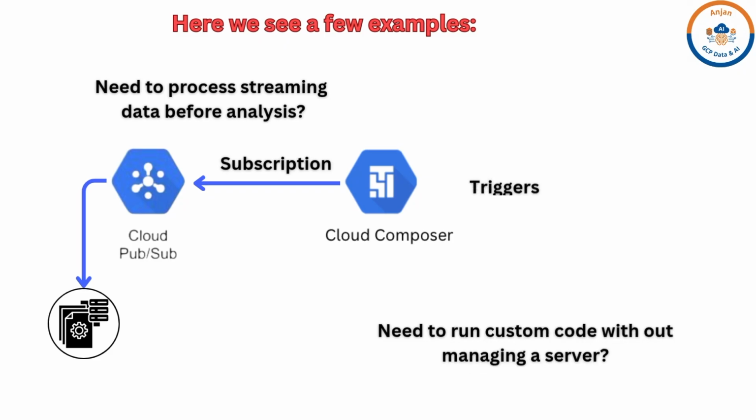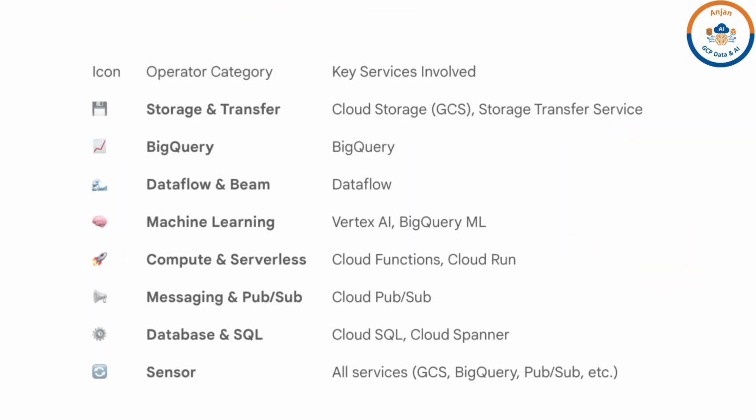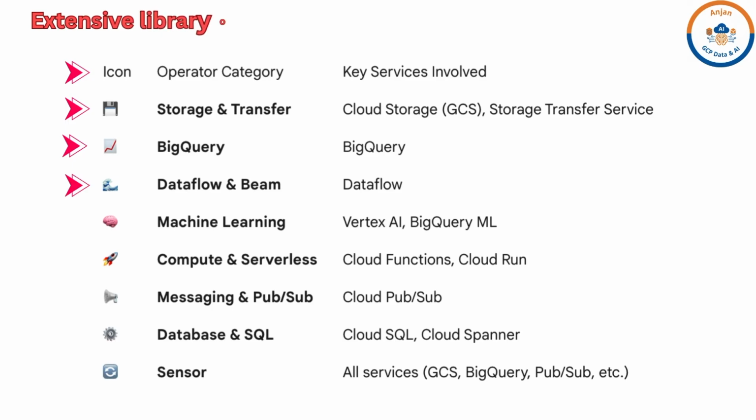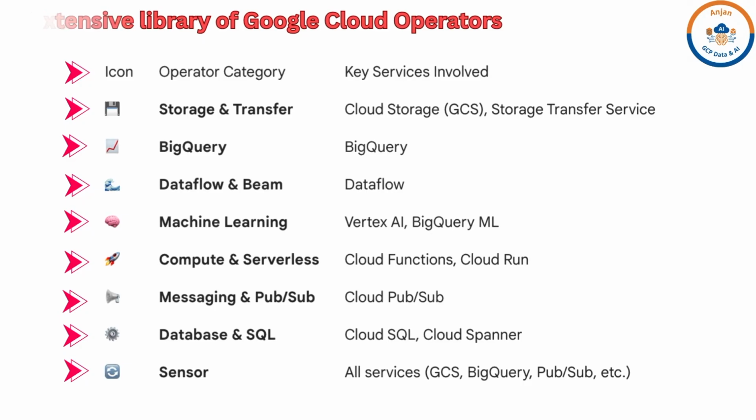It seamlessly triggers Cloud Functions or Cloud Run jobs. This is achieved through the extensive library of Google Cloud operators, pre-built tools that handle authentication and interaction with dozens of GCP services, eliminating the need for boilerplate code.